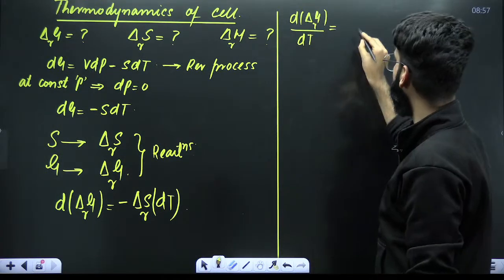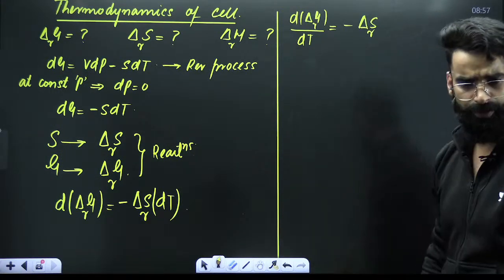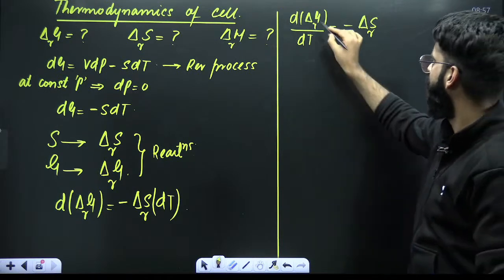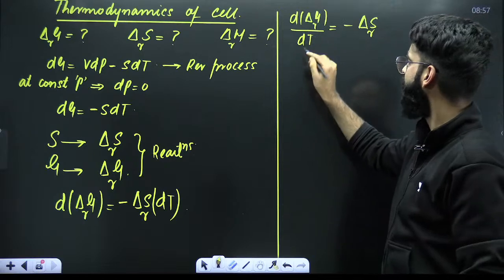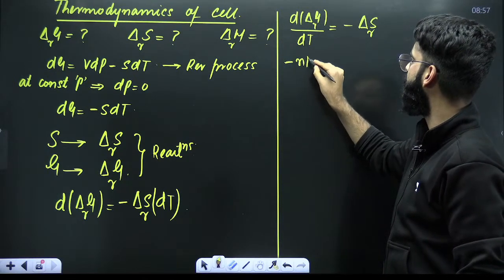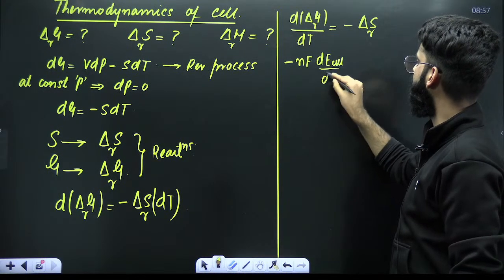It comes out to be equal to minus delta S for the reaction. Now tell me one thing. What about delta G for the reaction? That is minus nFE cell, right? So minus comes out, n comes out, F comes out. It becomes d of E cell divided by dT, right?